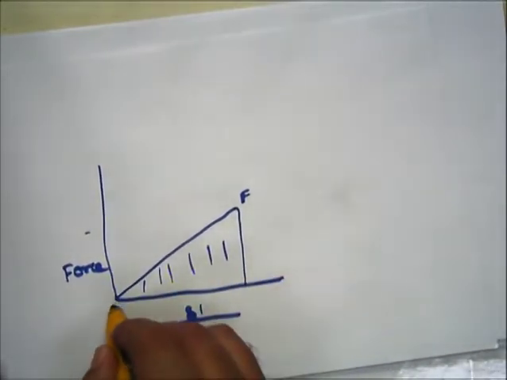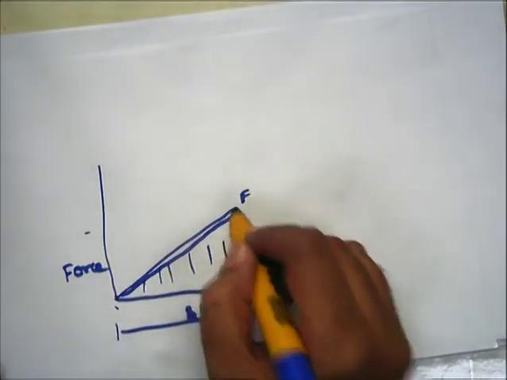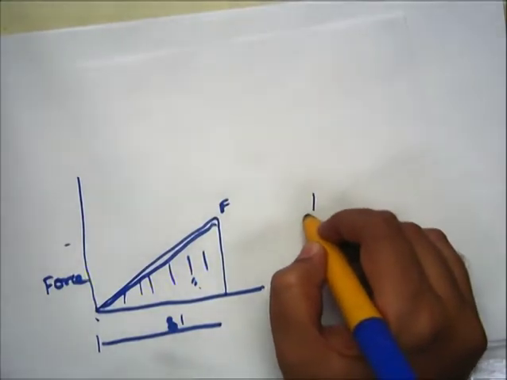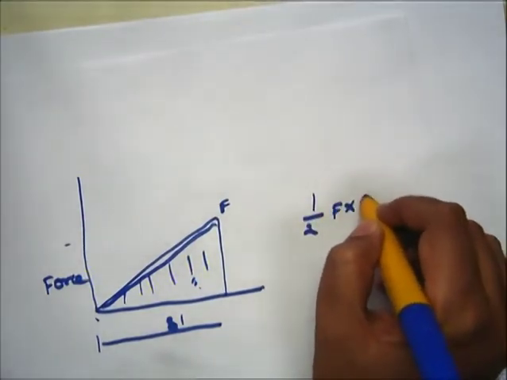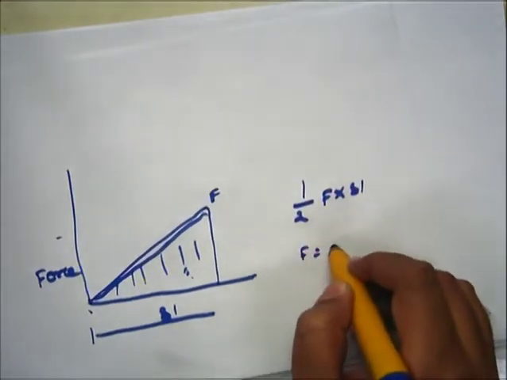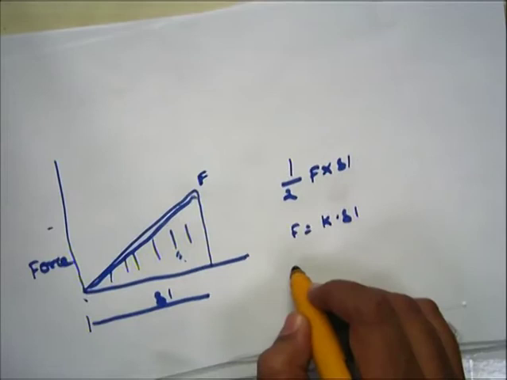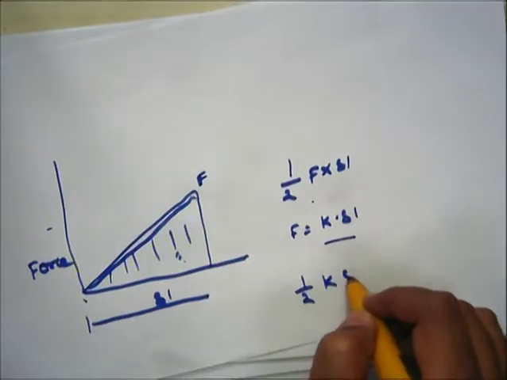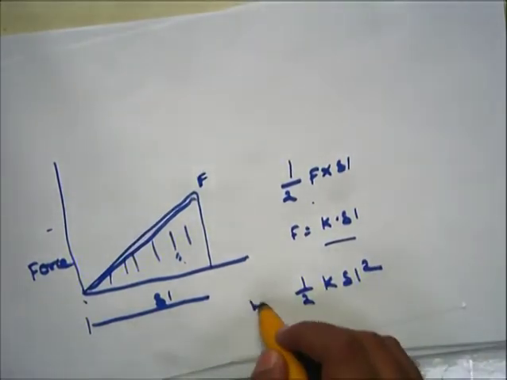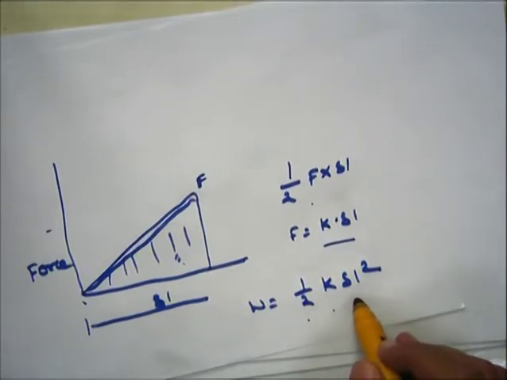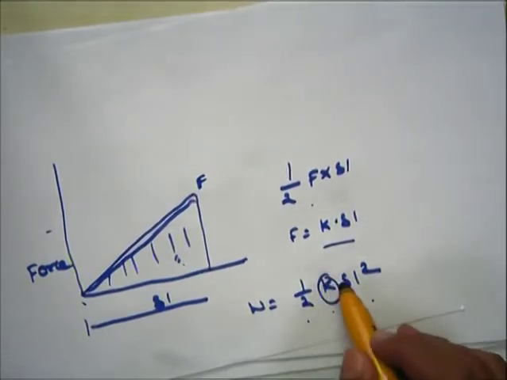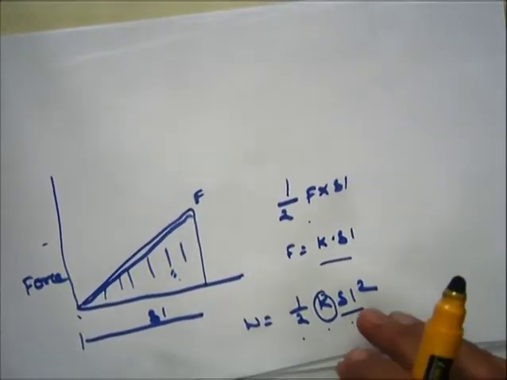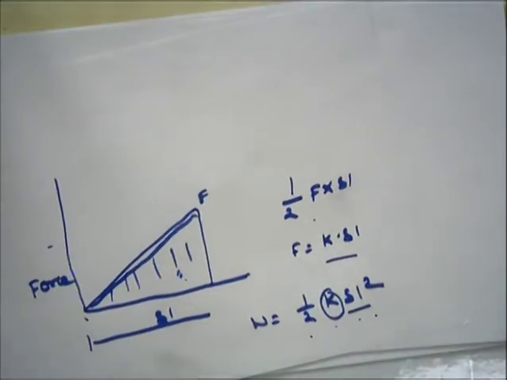So force reaches from 0 to F. So work done is the area under this graph, that is the area of a triangle, 1/2 F into delta L. F is nothing but K into delta L. So we replace F here with K delta L. It is 1/2 K delta L square. So work done on a spring is nothing but 1/2 K delta L square, where K is the stiffness of the spring and delta L is the stretch length of the spring, or if it is a compression, then the reduced length of the spring.